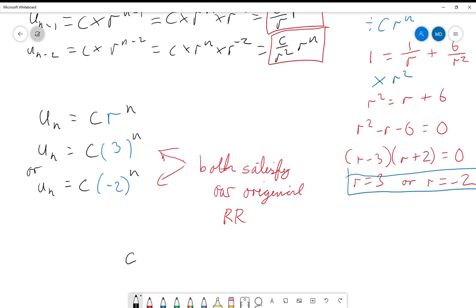C times, in fact, let's not use C at this point, let's use A. A times 3 to the n plus B times negative 2 to the power of n.